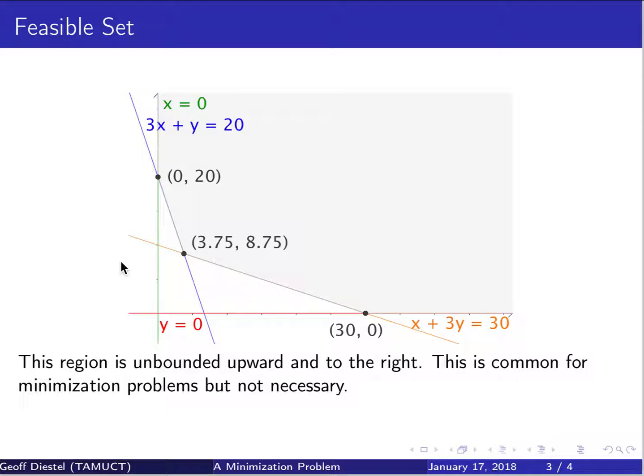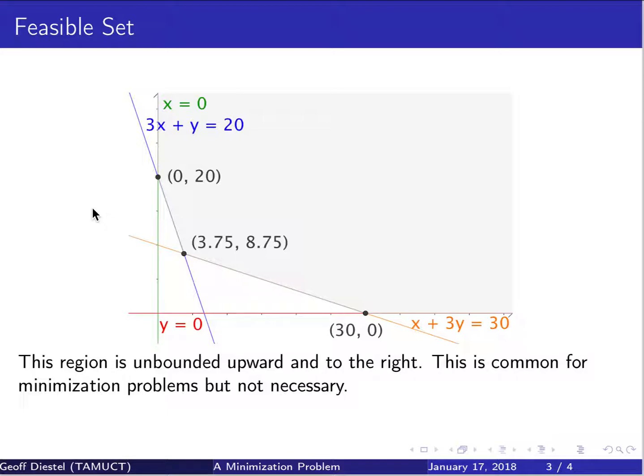So this region goes on forever upwards and to the right. But it does have three vertices, which are listed here: (0, 20), (3.75, 8.75), and (30, 0).